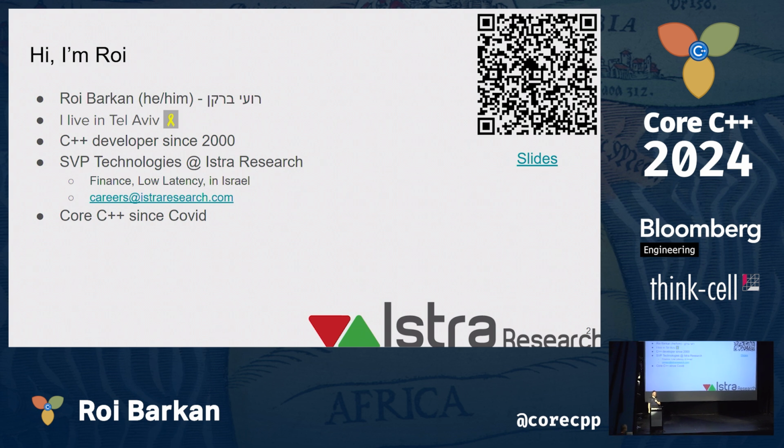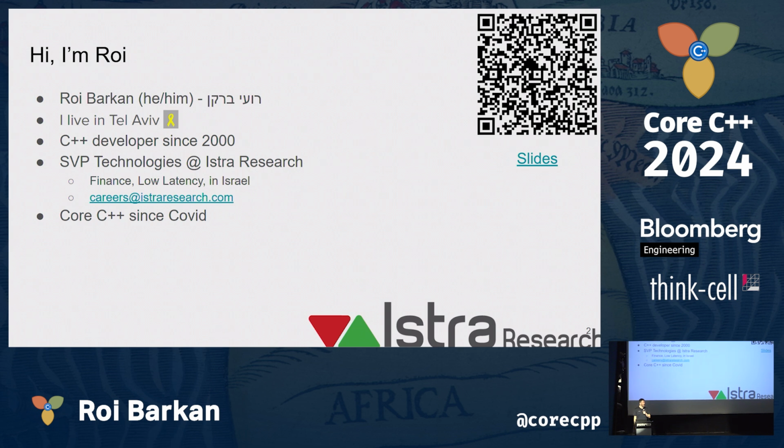My name is Roy Barkan. I live in Tel Aviv. I've been doing C++ for quite a long time now. And currently, for the last 13 years almost, I'm working for Istra Research. We're a high-frequency trading company from here in Israel. We're always doing challenging projects in the fields of mathematics, statistics, technology, low latency.